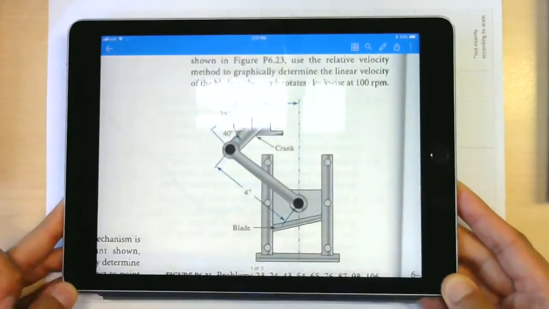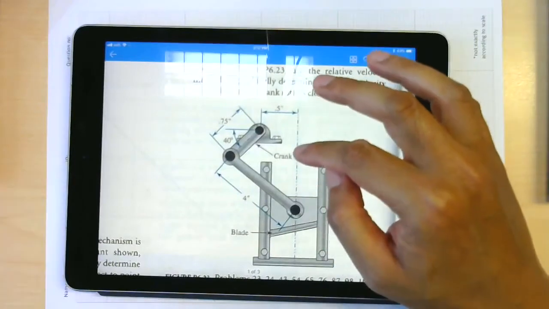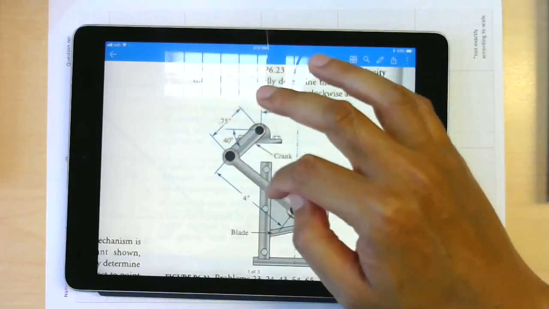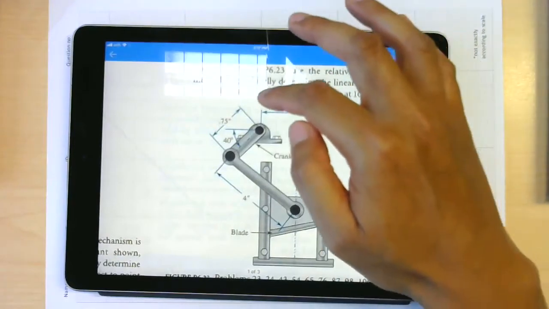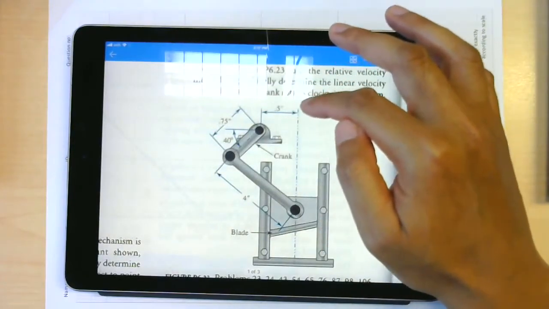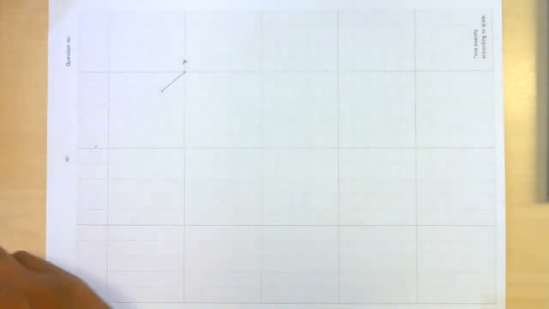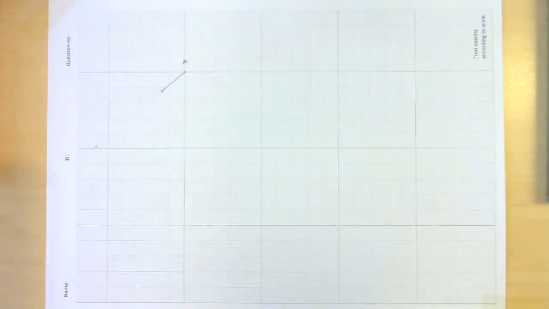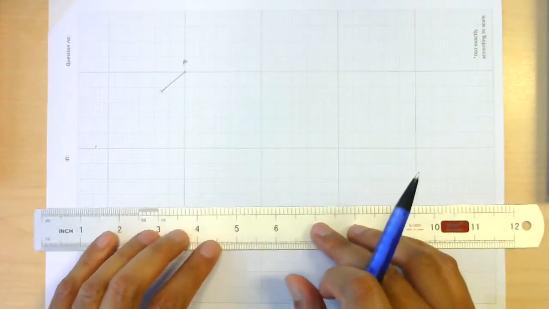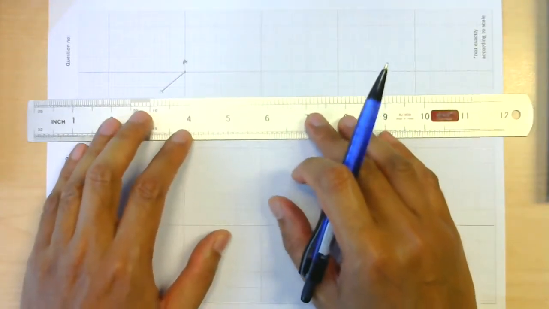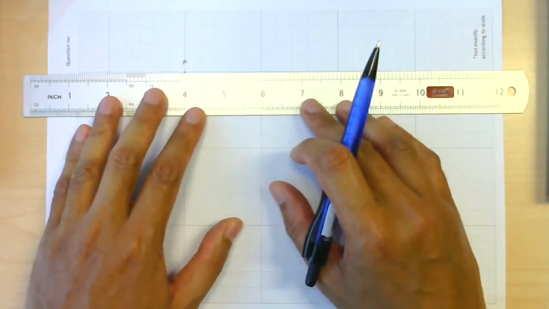Next is to actually draw this line, and from there we can find the position of BC. We have to draw 0.5 inch to this. The best thing is to draw according to the scale. We set 0.5 inch, somewhere here.